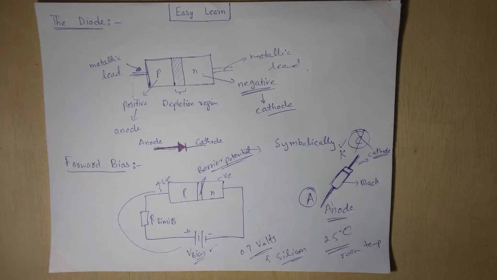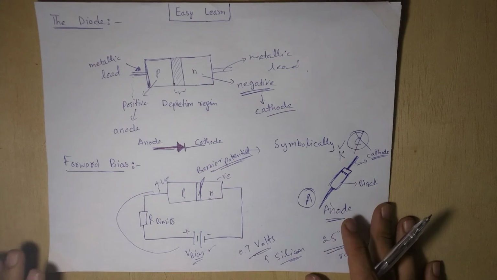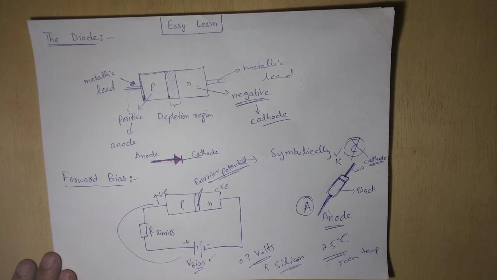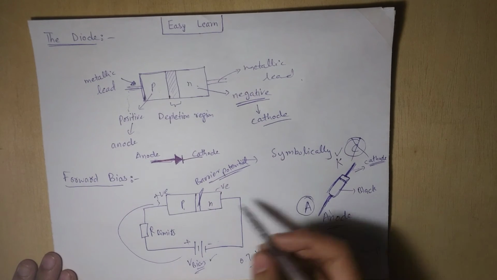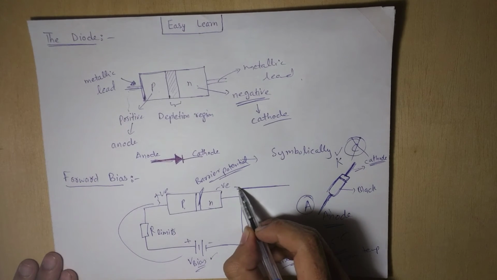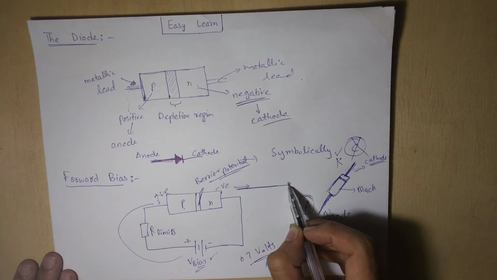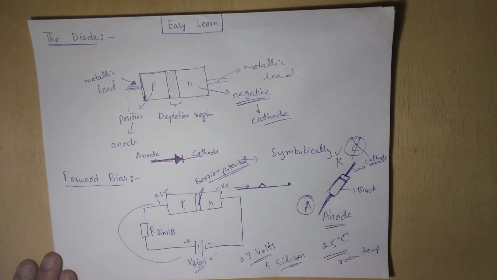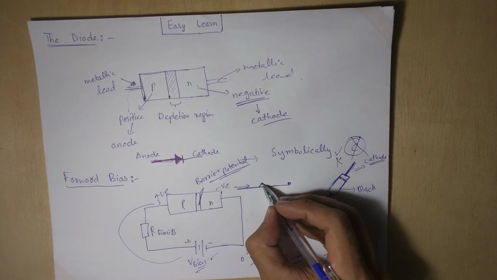So if we want to pass current through this PN junction, we must have enough additional volts to overcome the barrier potential, jump over it and move forward. For example, this is a road. If we want to move from one side to the other, there is a resistance, like a hill or a bridge.